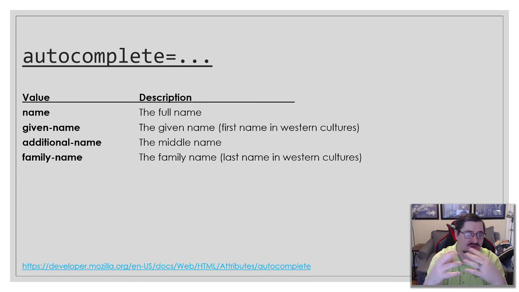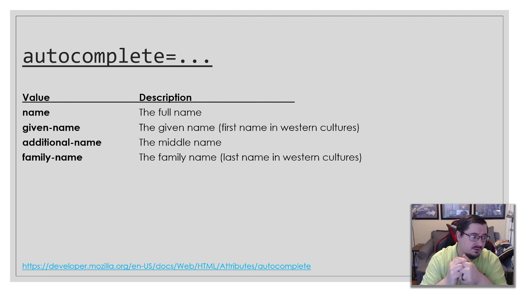So given name is the one that your parents give you. Your family name is the one that you've inherited from your ancestry. So when you're specifying your autocomplete, you're going to specify those as either given name or family name, not as first name or last name. Those don't actually exist as autocomplete tokens, only given name or family name.